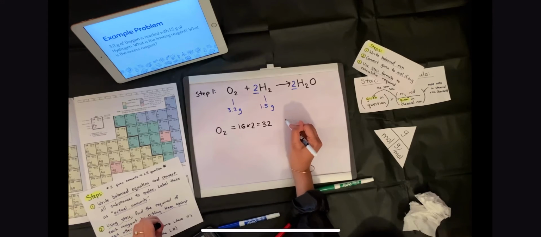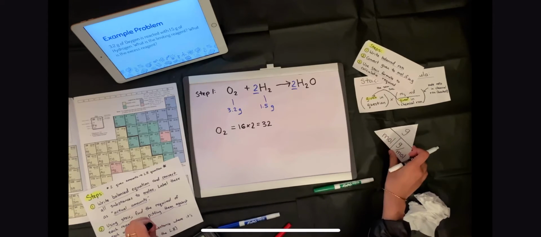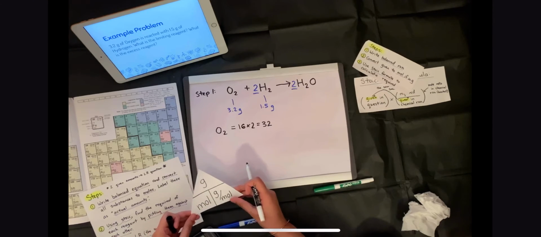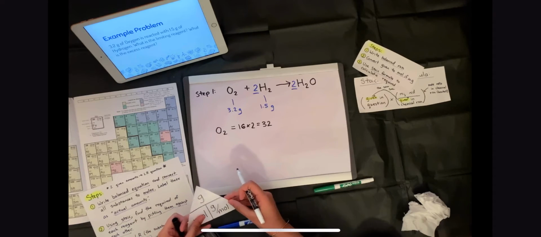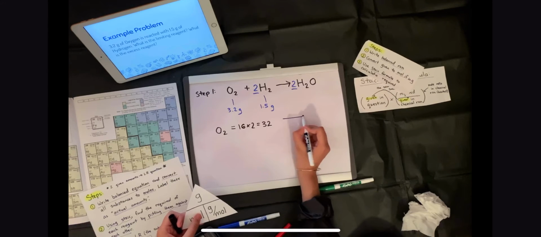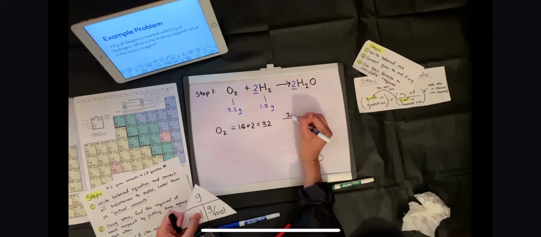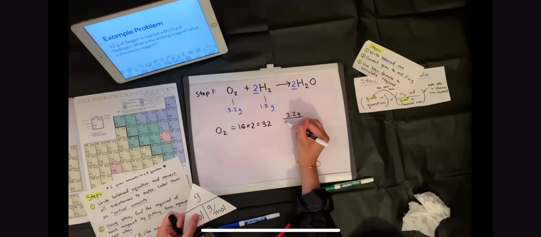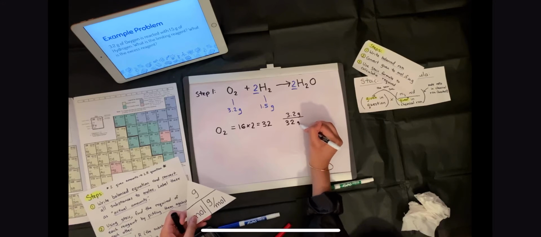Next, we go back to this triangle, and to convert it to moles, we have to do grams divided by grams per mole, which is 32 grams per mole.